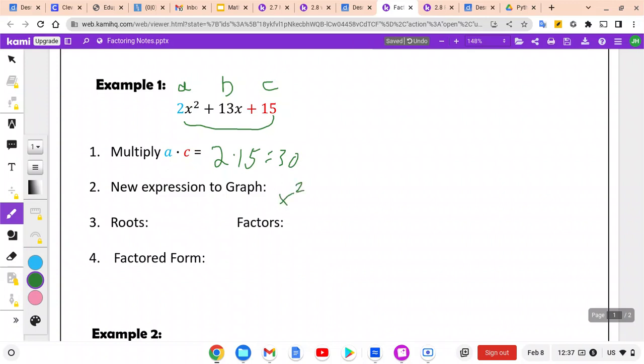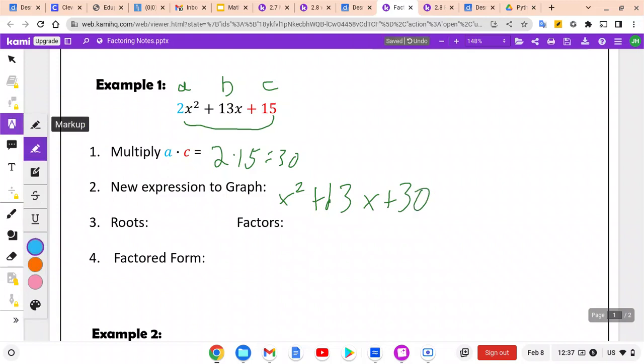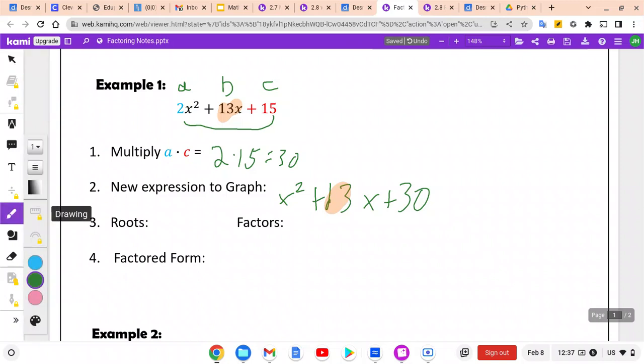See, we moved the a, we moved the 2, plus 13x plus, now it's 30. So I kept the b the same. All right, so the b term is unchanged. The a is gone. And now c changes from 15 to 30.